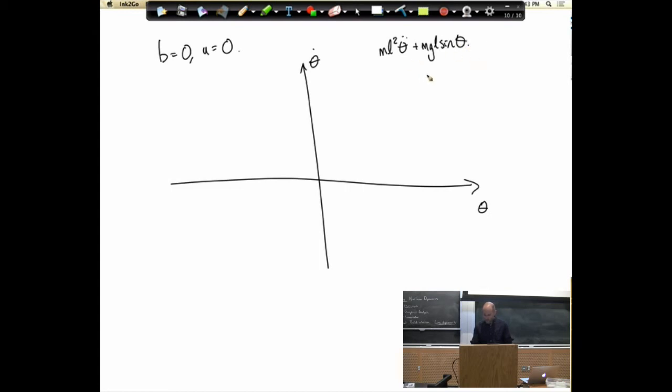So theta double dot is just negative g over l sine theta, yeah? Okay, so what's it going to look like? As I walk along here, theta dot is always 0 along this line. So my vectors, as I walk along this line, the x component of the vector is 0. And the y component looks like negative sine theta, basically. Okay, so it's going to look a little bit like this.